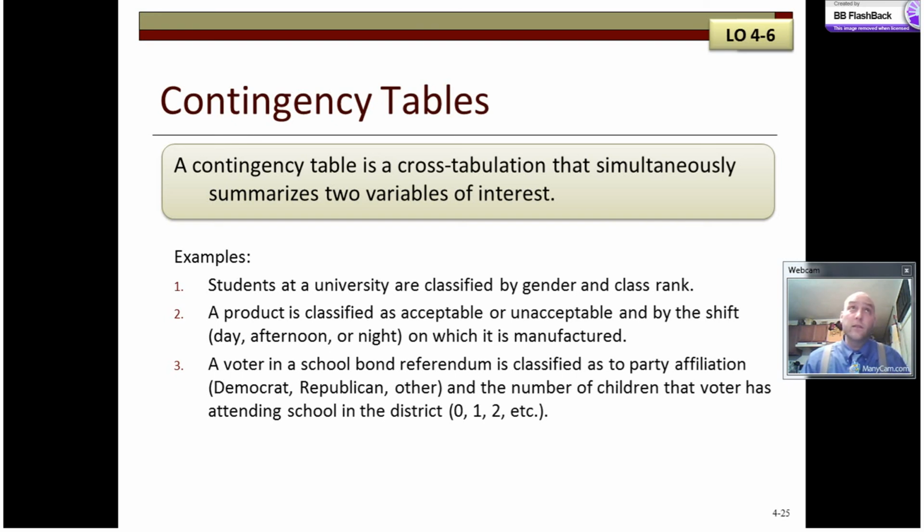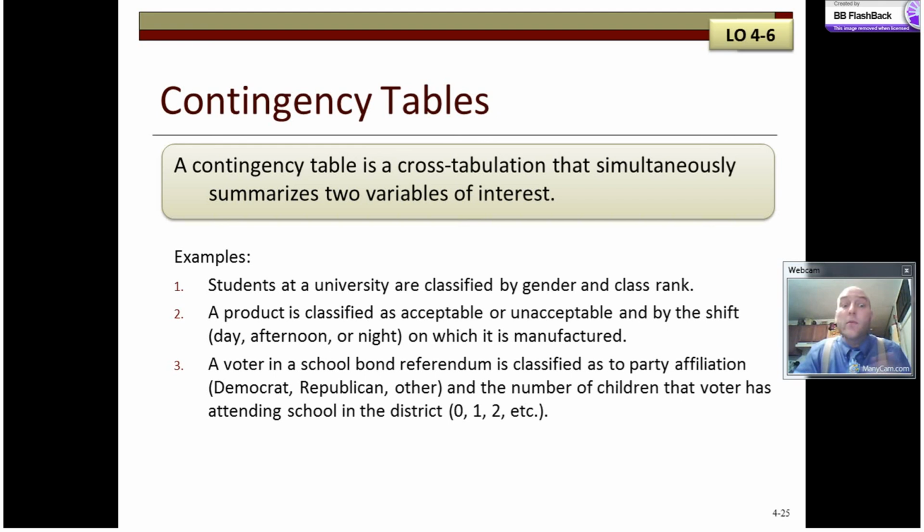Gender: male and female. Rank: freshman, sophomore, junior, senior. So we can take those, cross them with those, and we can create 8 cells. We can get a count of female freshmen, male freshmen, female sophomores, male sophomores, female juniors, male juniors, female seniors, male seniors. Those 8 are crossed, 2 genders by 4 ranks.